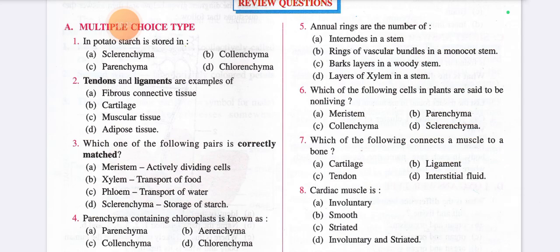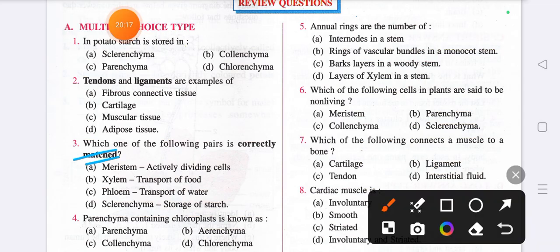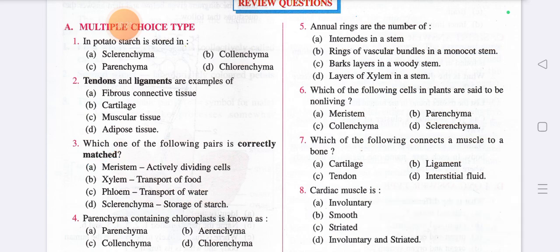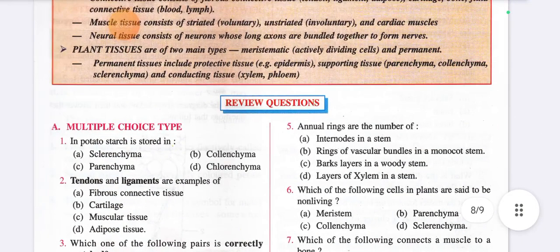Xylem transport of food, no; phloem, no; xylem storage of starch, no; meristem activity, yes. Parenchyma containing chloroplast is known as option D, chlorenchyma. Annual ring or number of rings of vascular bundles in monocot. Layer of woody stem. Annual ring or number of layers of xylem. Actually, it is the layer of xylem.